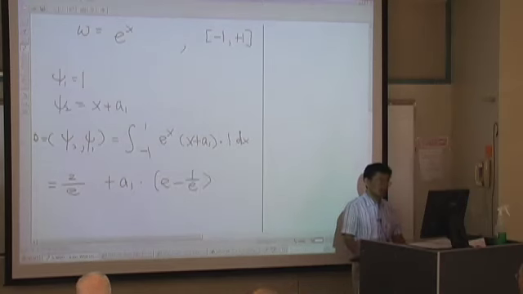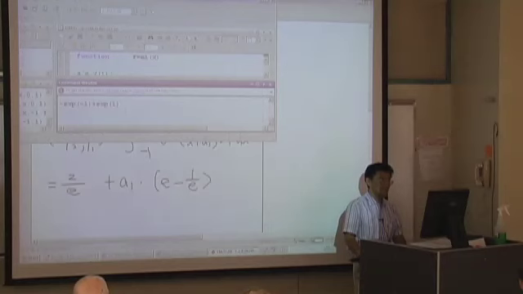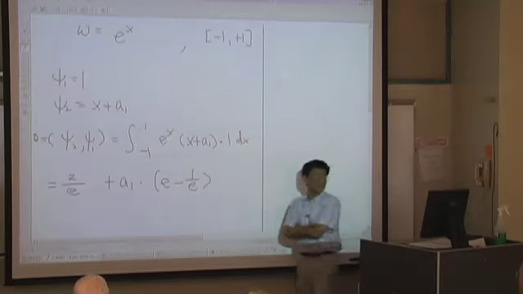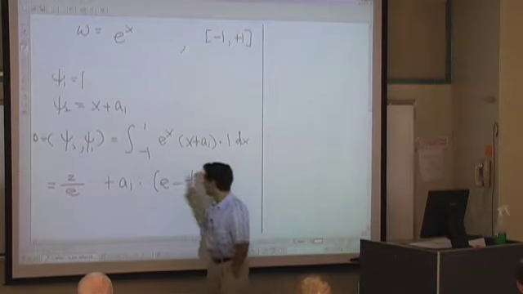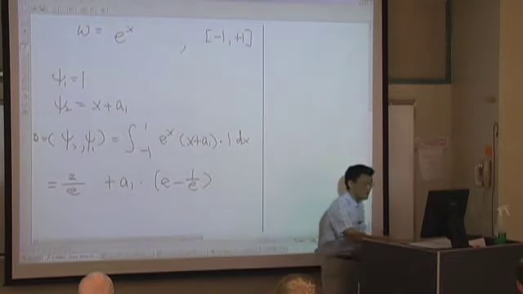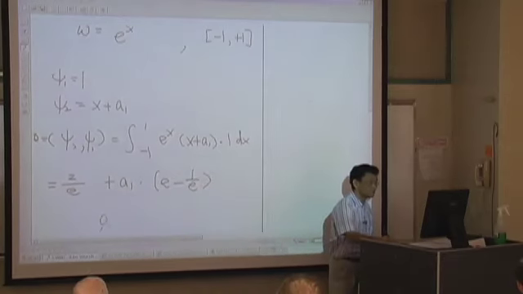This is the result, right? So what is a1? a1 equals this over the negative of this one, right? So a1 equals minus 2 over e, over e minus 1 over e.